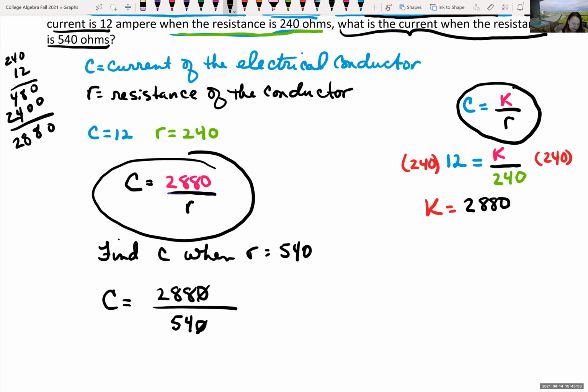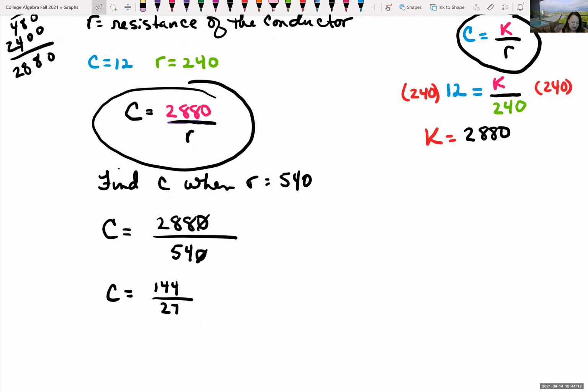I see that this reduces. At least 2 goes into both of those. So, well, 10 goes into both of those. And then 2 goes into 288, that's 144. 2 goes in there 27 times. They both have 9 in common. So 9 goes into 144 16 times. And 9 goes into 27 3 times.